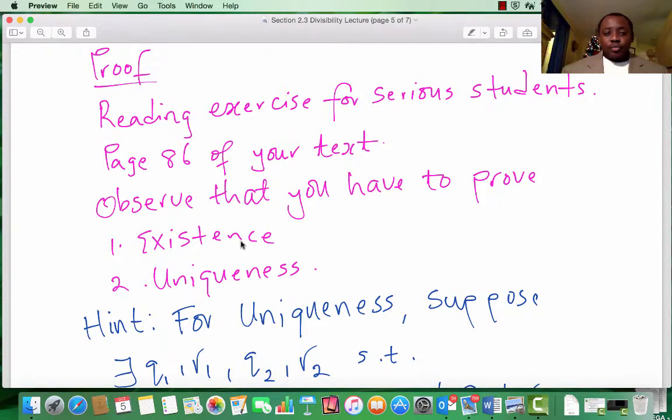What you would need to prove is to verify existence and uniqueness.